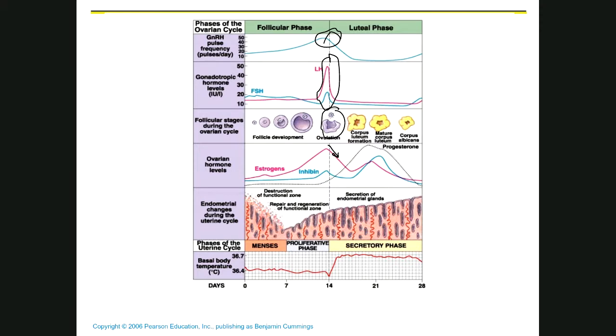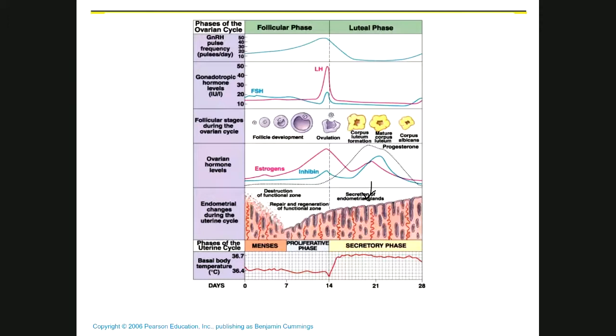But not only is it going to cause ovulation, LH is going to cause it to become a corpus luteum, which makes estrogen and now progesterone, which we haven't had any progesterone at all. So now we have both progesterone and estrogen. And so the uterus is going to become secretory.